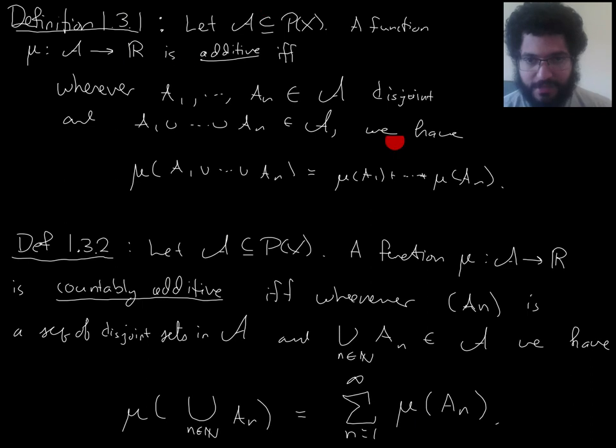No calculus up here, just set theory basically, right, and arithmetic. Down here, calculus. You've got an infinite series. This is real analysis. So our next theorem in the next video is going to be looking at alternative ways of describing countably additive, because the way it's set up right now is not always the most convenient way to use it.